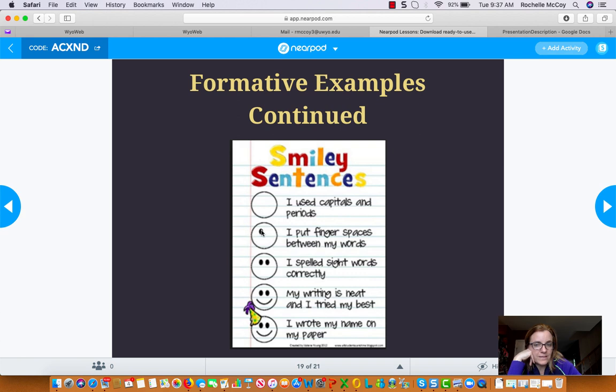If they put finger spaces, they get an eye. If they use their sight words correctly, they get another eye. If their writing was neat, they get the smiley face. And if they wrote their name on their paper, then they get the cute little hat. So that one could have been the teacher drawing it on there or the student at the top, so the students understand why they got each of those things.